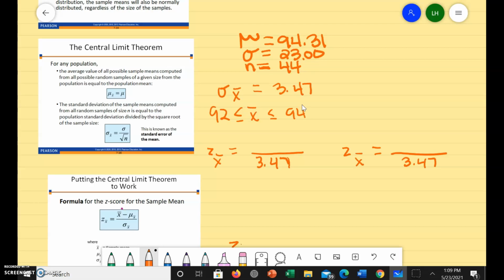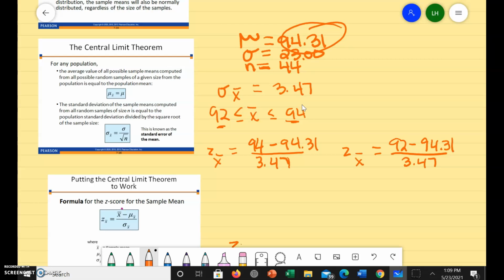And we know that, let's do the largest one first. And then let's see the smallest one over here. And then we know that we can use 94.31 because the sample size is large enough for the mean of the sample means.